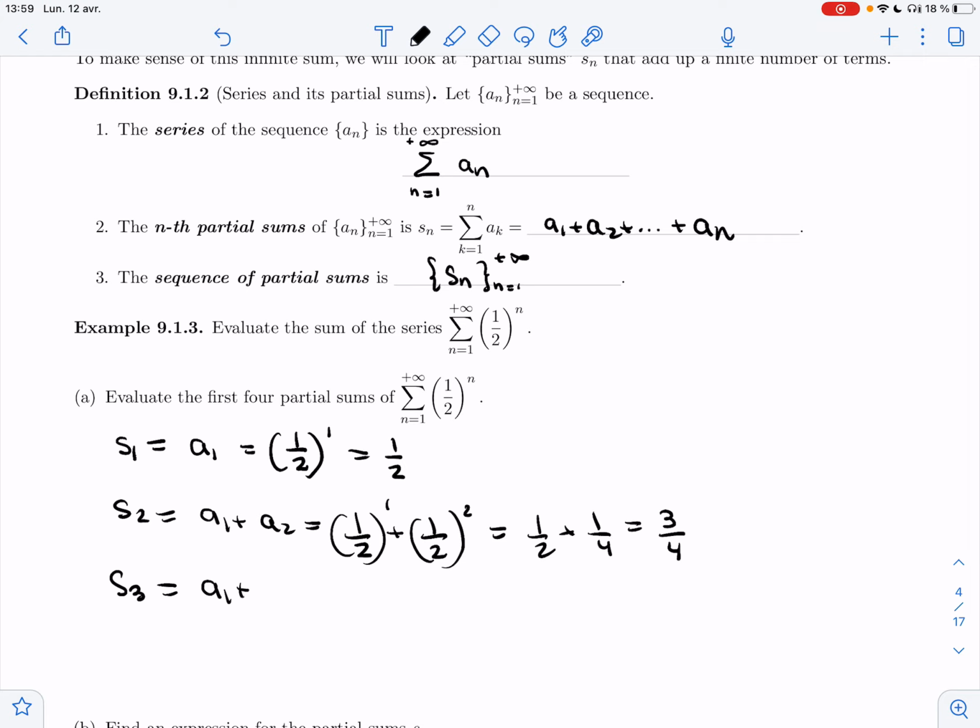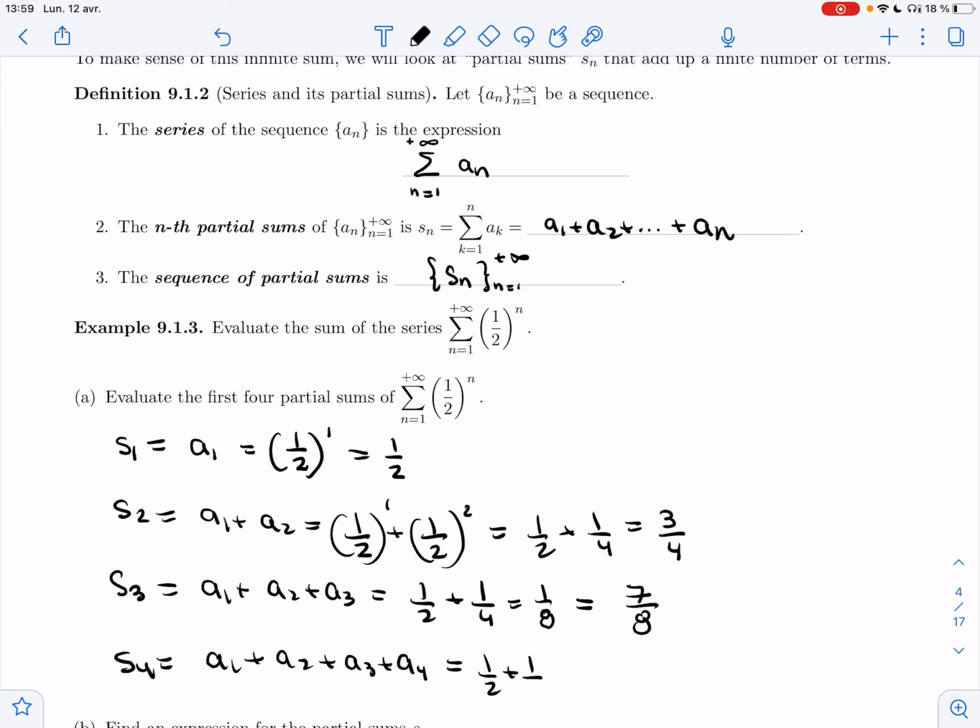All right, let's do 2 more. S3, we add up a1, a2, and a3. So that's 1/2 plus 1/4. For n equals 3, you get 1/8. And so you end up with 7/8. And S4 would be a1 plus a2 plus a3 plus a4. So 1/2 plus 1/4 plus 1/8 plus 1/16.